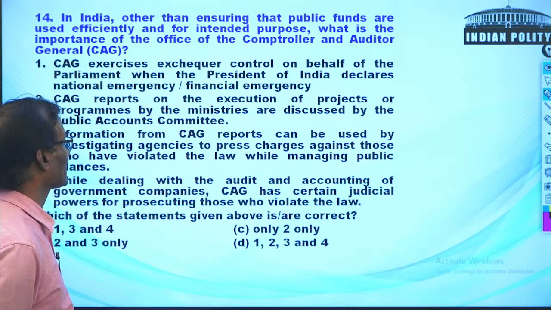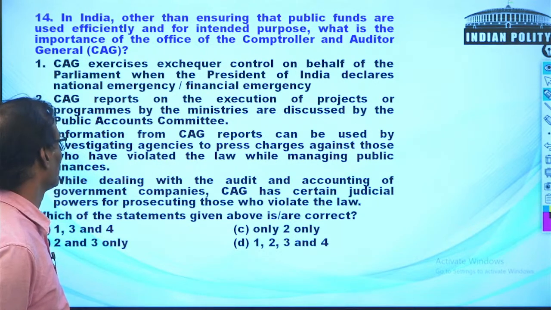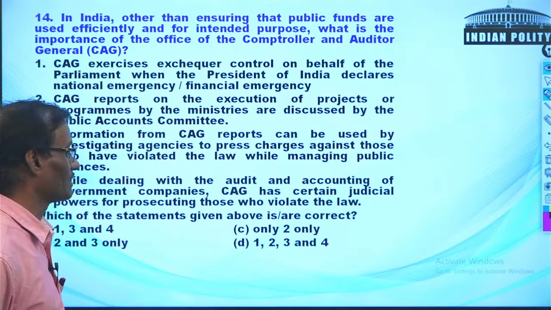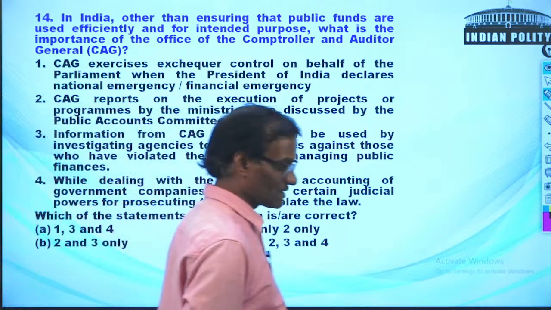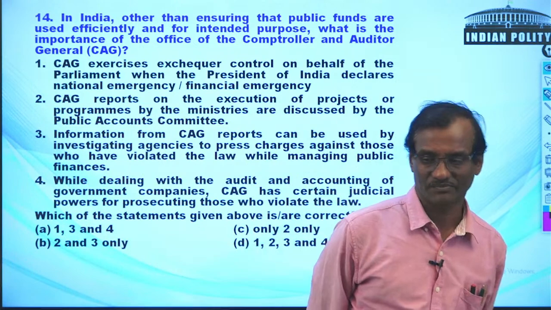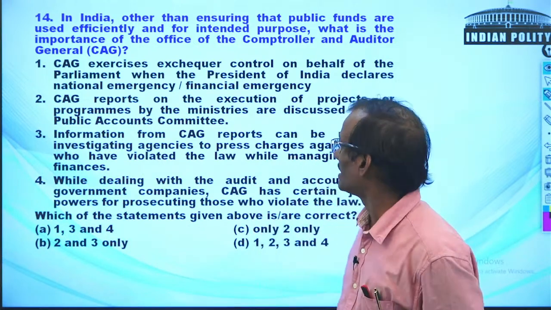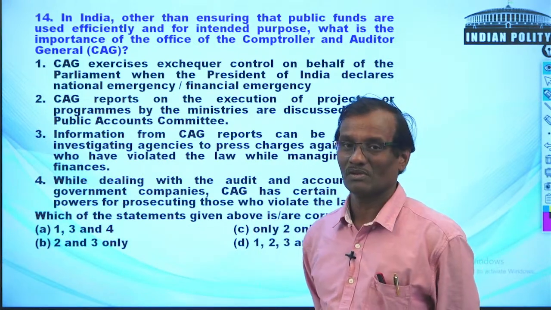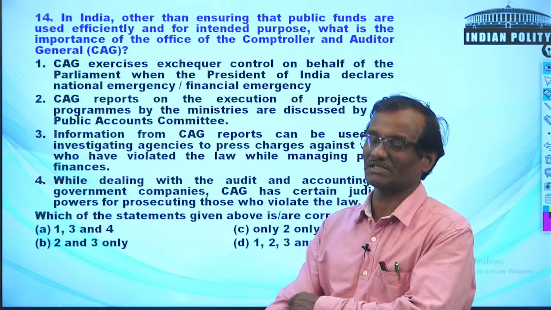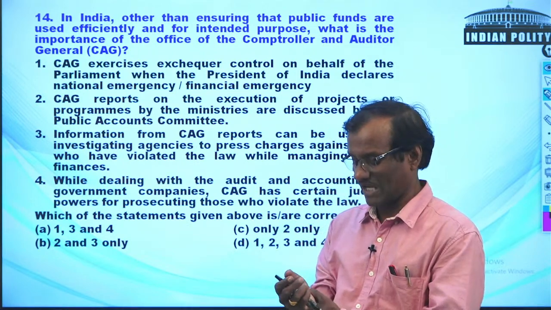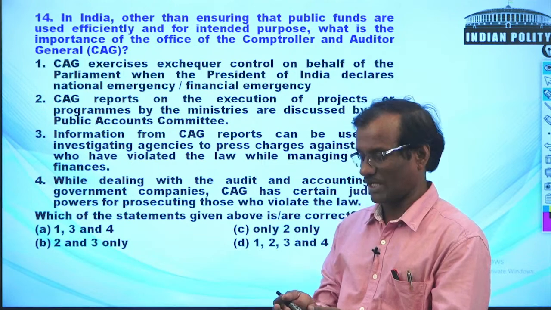CAG exercises exchequer control on behalf of the Parliament when the President of India declares national emergency and financial emergency. That is not a power of the CAG. It does not have exchequer control. That is the difference between the CAG of India and the CAG of England or UK.